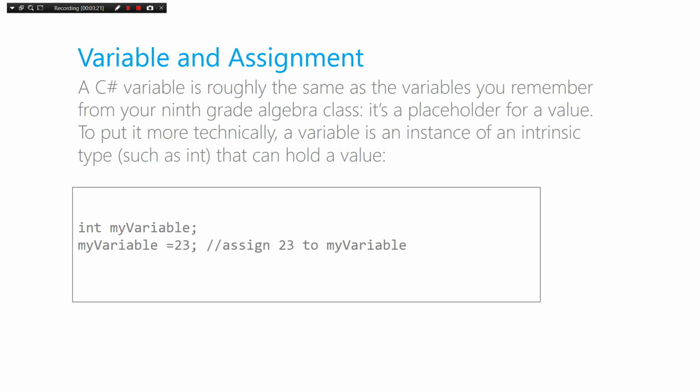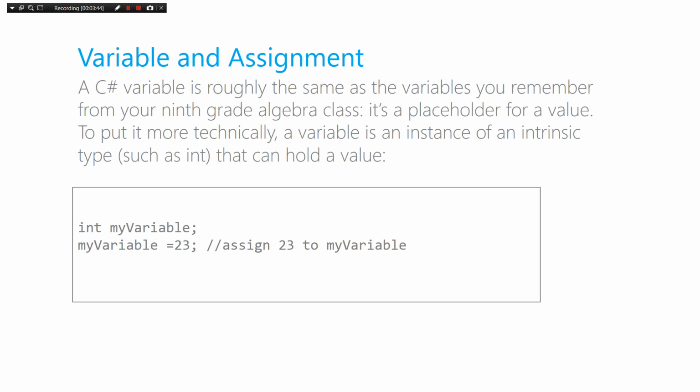You initialize a variable by writing its type, integer in this case, then an identifier, and then assigning a value to that variable. The equal sign is the operator for assignment. You are not defining an equation in the mathematical sense.